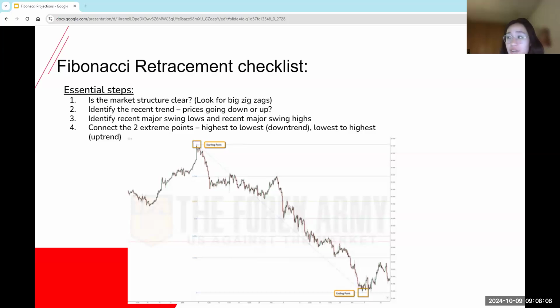Next, we want to identify recent major swing lows or highs. And we'll show you examples of significant swings that you should look out for. Then you want to connect the two extreme points, highest to lowest for a downtrend and lowest to highest in an uptrend, as shown in the image here.